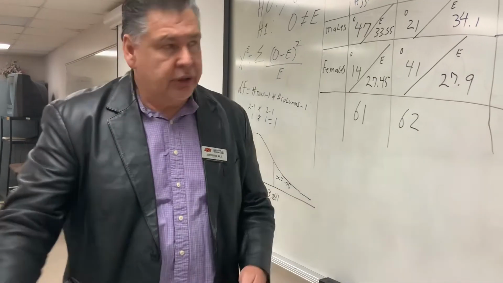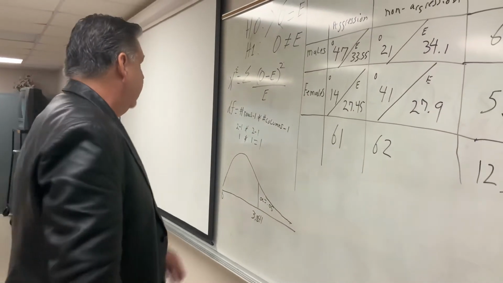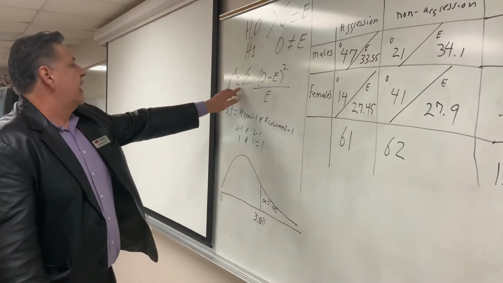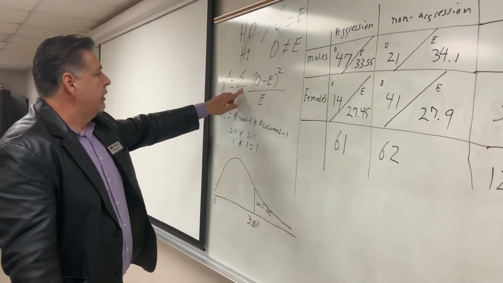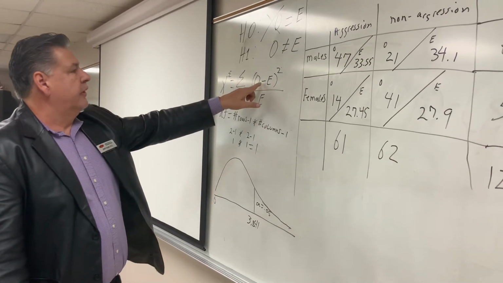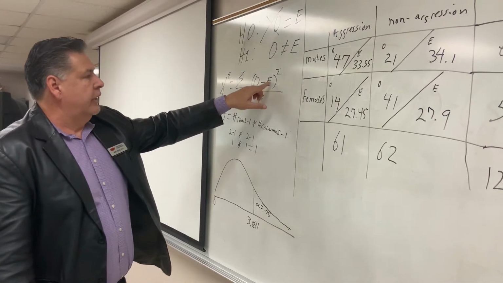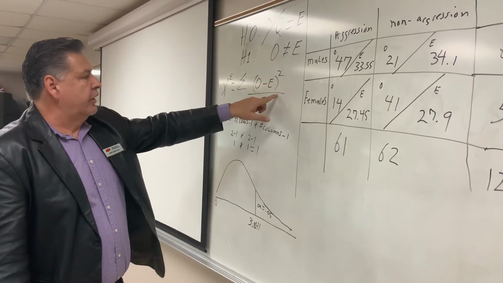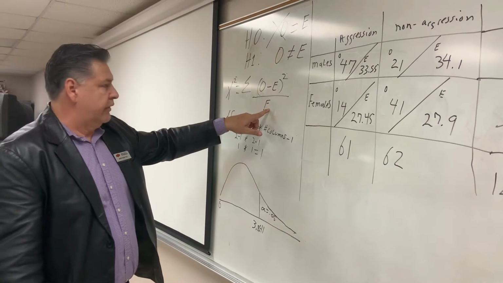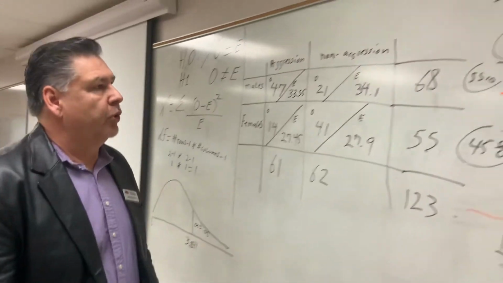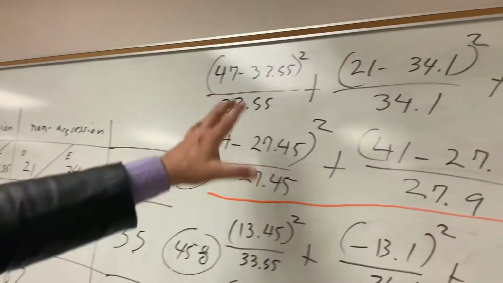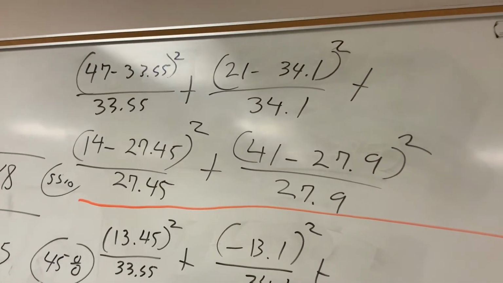So let's take a look at the statistic. The statistic says that I have to sum all of my observed minus my expected, and I'm squaring that, and I'm going to divide it by my expected values. Here's what the numbers look like.